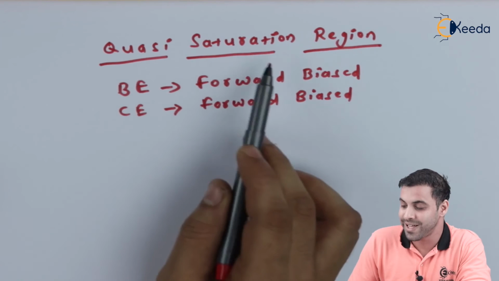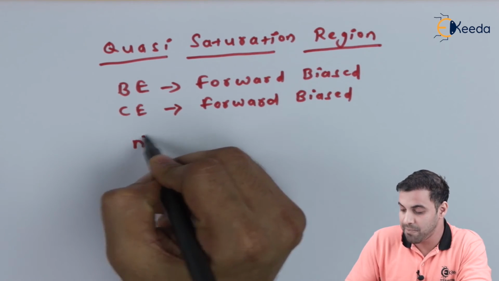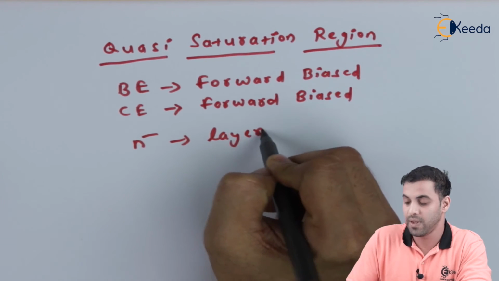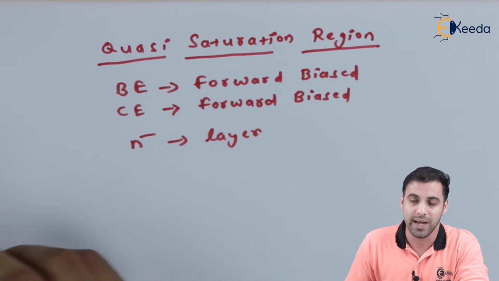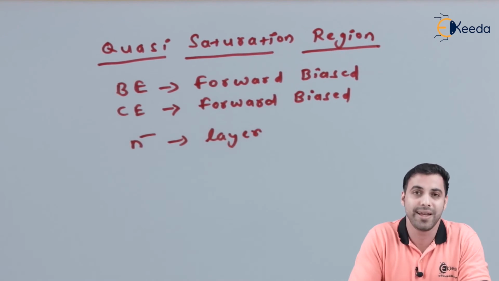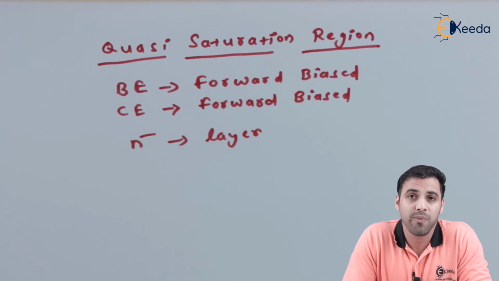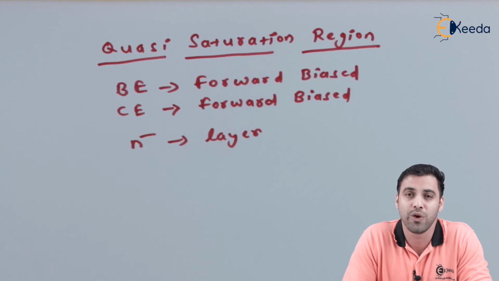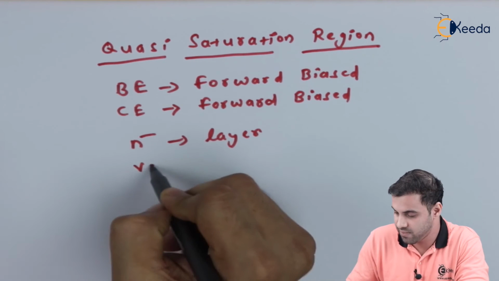In case of a quasi-saturation region, the N- layer comes into existence. This region is capable of holding a high value of electric current and a high value of electric voltage, and it is responsible for very fast switching operation.